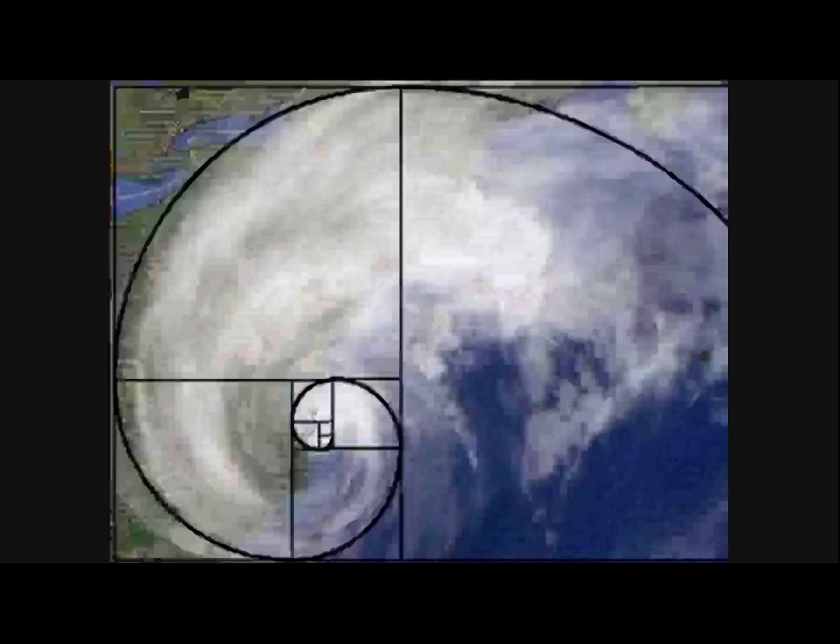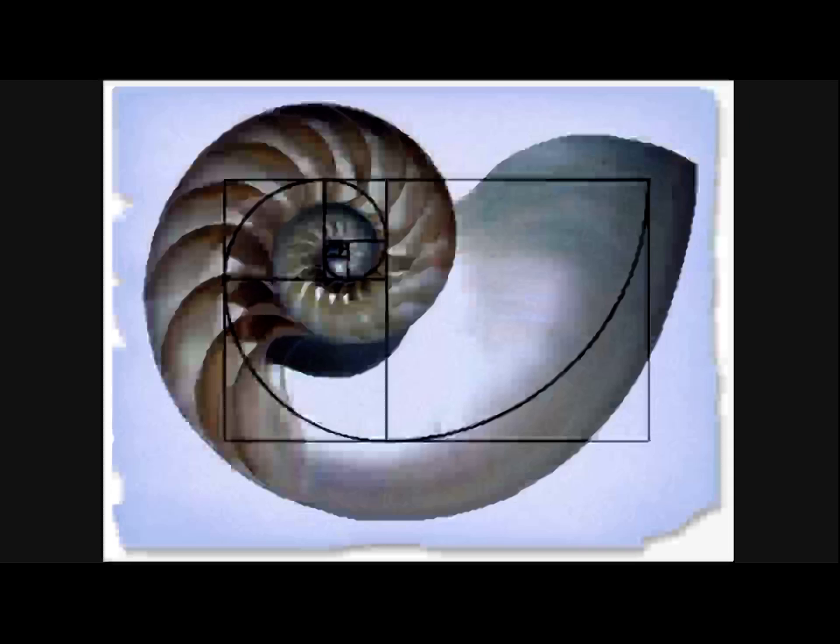And if you're an artist, you need to know about this, because not only do you need to be able to get the right length to each section of what you're drawing, you're going to find it throughout nature. And so you're going to want to harness that kind of natural beauty. It can be found in weather patterns. It can be found in seashells. Each chamber of a seashell follows that exact ratio, 1.618 to 1.